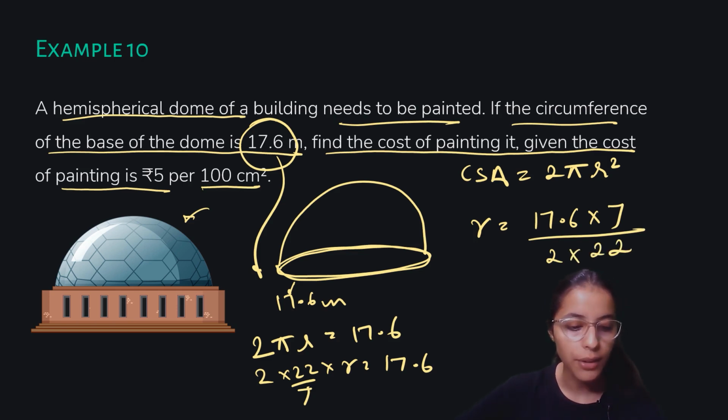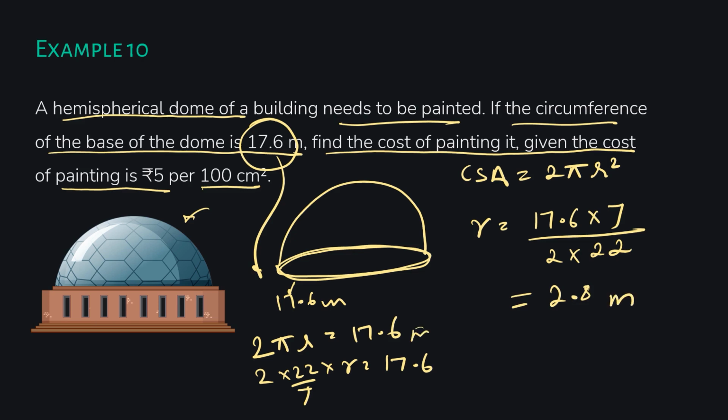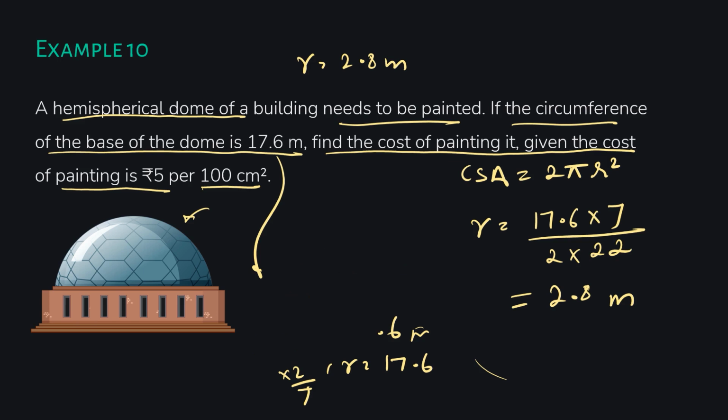And when you calculate the radius from here, you will get 2.8, and it is in meter, since our circumference is also in meter, right? So it is 2.8 meter. Now we have got our radius, r is equal to 2.8 meter. All we have to do is find out this CSA. I'll just erase this part so that we can get some space to do the question.